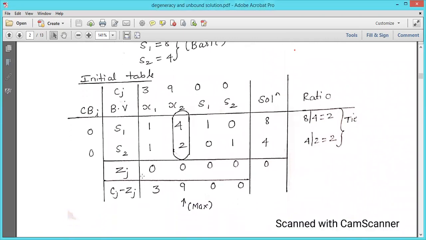Now, in Cj minus Zj, we have to consider the maximum value. So 9 is the maximum here. Once we get the maximum value, this is our key column.